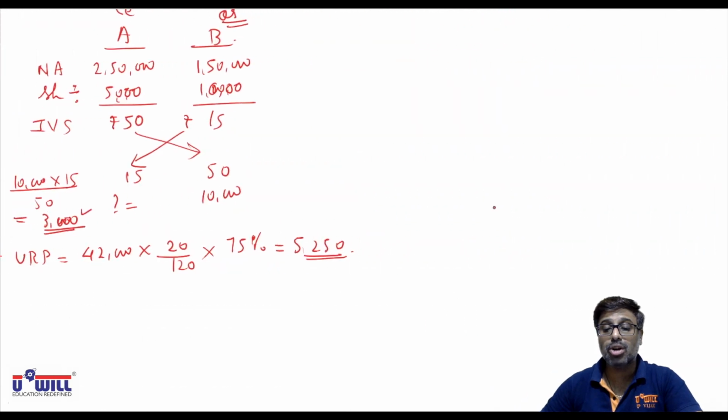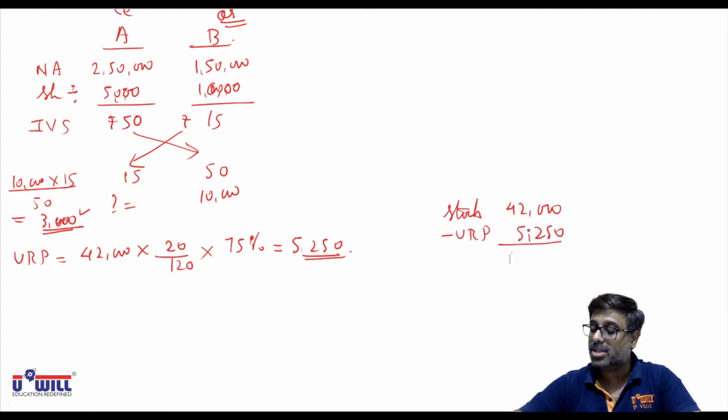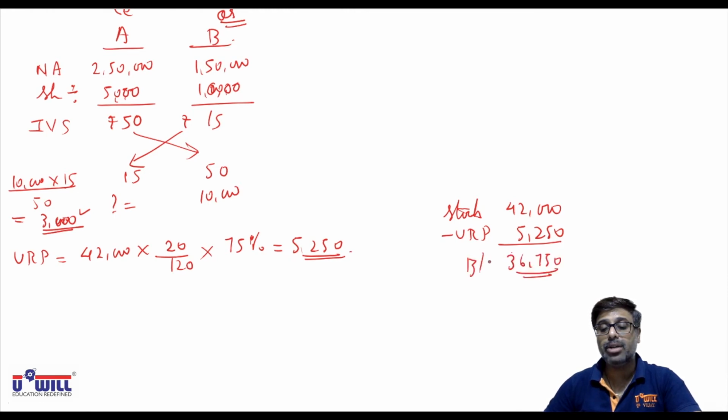So from the stock of 42,000, you will subtract the unrealized profit of 5,250. What amount of stock will come in the consolidated balance sheet? 42,000 minus 5,250 comes to 36,750. This amount will come in the consolidated balance sheet in the outer column.